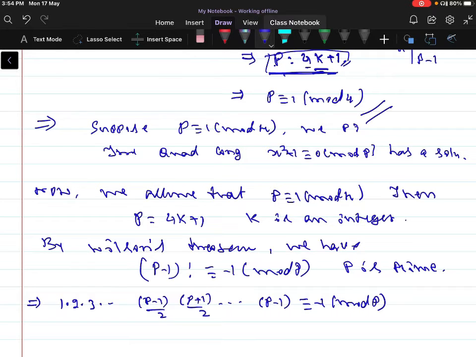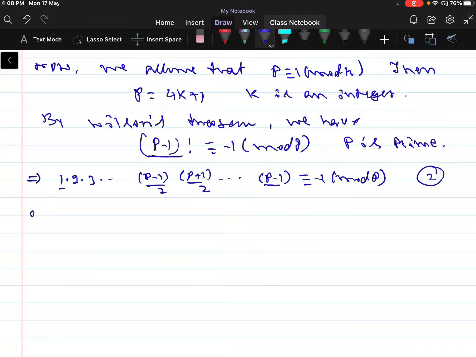modulo p. But we have the congruence p minus 1 is congruent to minus 1 modulo p, since p divides p minus 1 minus minus 1, that is, p divides p. So we can use p minus 1 as the last term and construct the congruence.